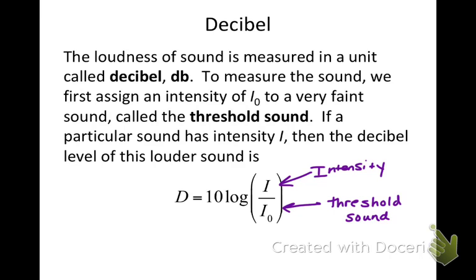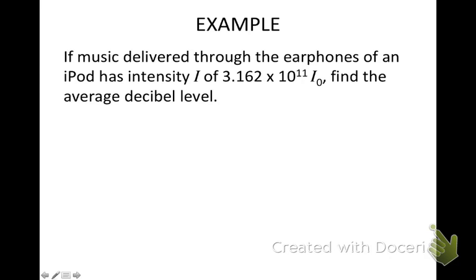All right, so our first example is going to use this formula. If music is delivered through the earphones on the iPod and has intensity I, so my I is equal to, intensity I of, oh, now I'm confused.